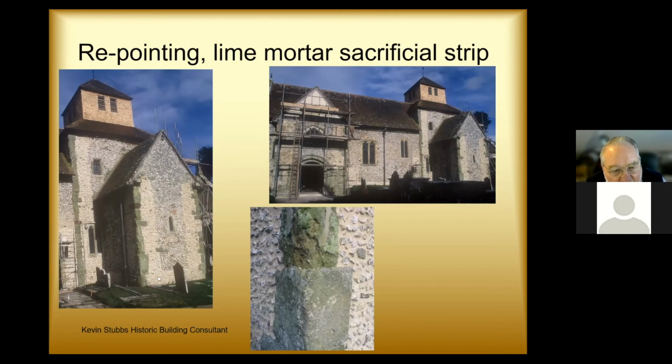And this has been repointed with a lime mortar with coarsely crushed chalk in it, to act as porous particulates. So any moisture and salts are attracted away from the green sand dressings into this material.